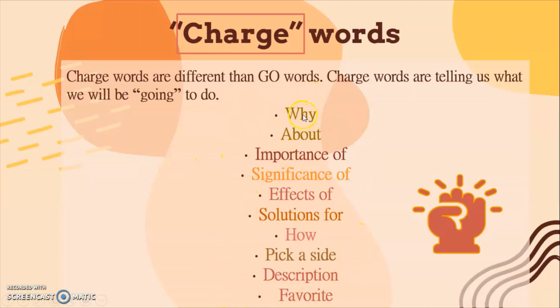They might vary. So these are not all of the ones that you'll see. There's definitely more. Like for today's prompt, charge words are actually not on here. But if we look at these, we might see the effects of or solutions for, or even favorite or pick a side. And you might realize that they are related to the charge words for today in our prompt.